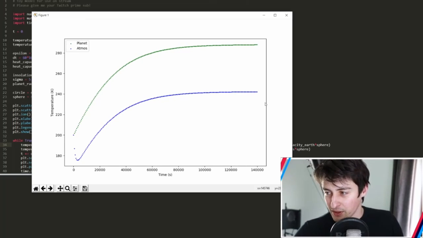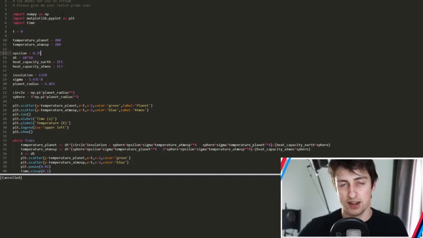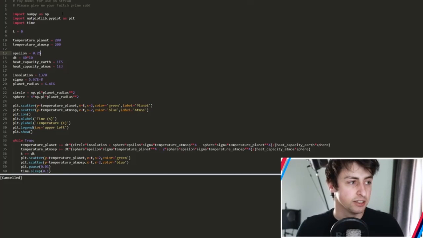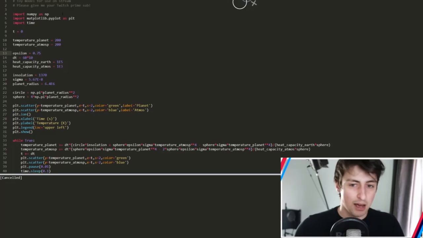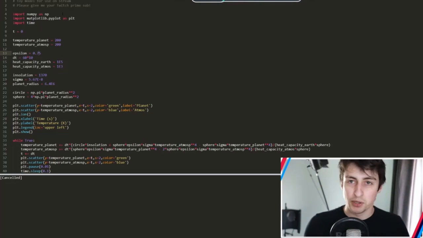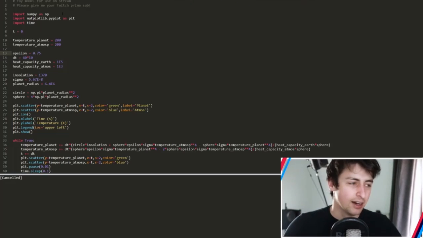But this is where we can do something fun. So this epsilon value, which is how effective the atmosphere is at intercepting radiation, that's just numerically prescribed. Let's say that we then make the atmosphere super, super good at absorbing radiation. It's suddenly incredibly dense or full of clouds or something. What would happen then?